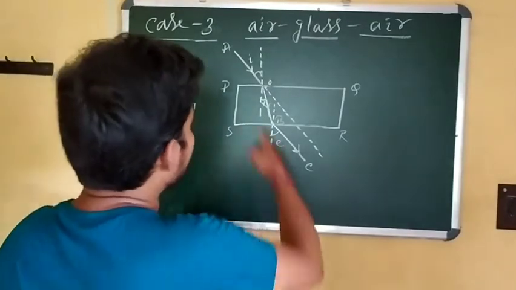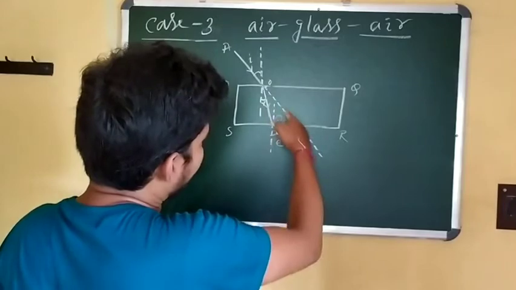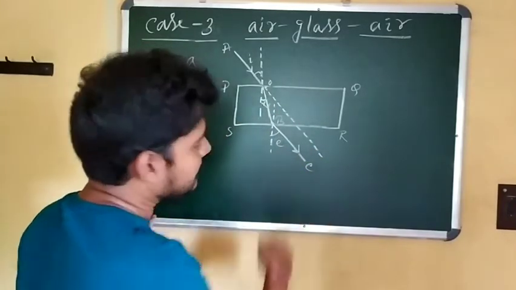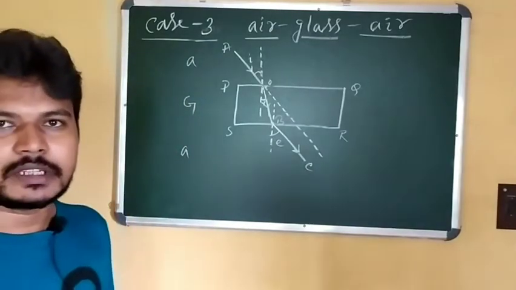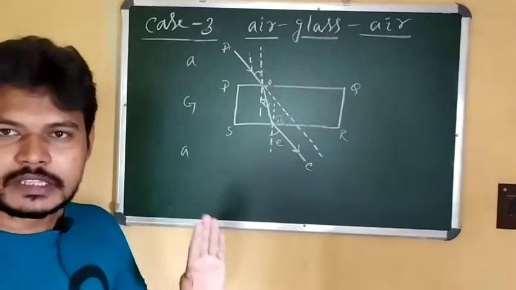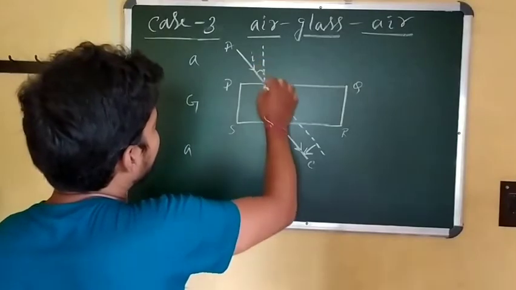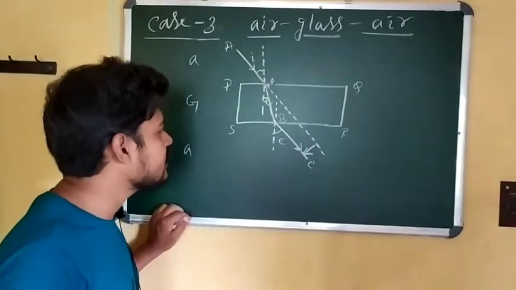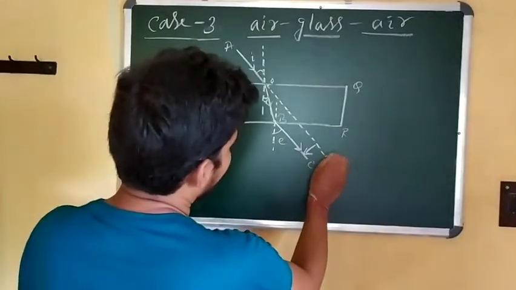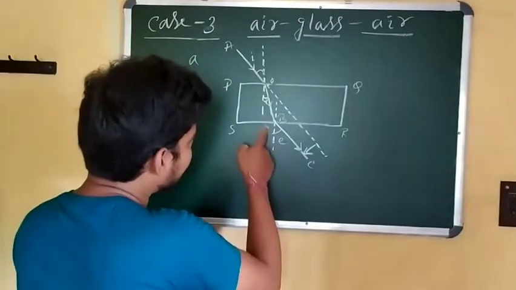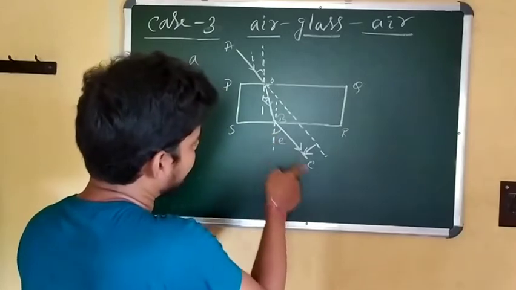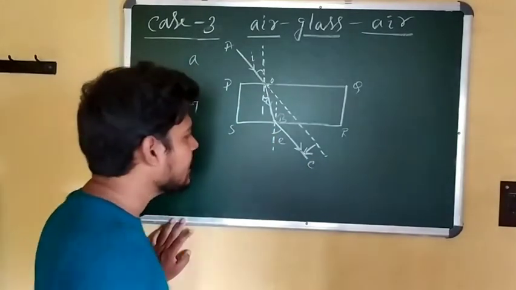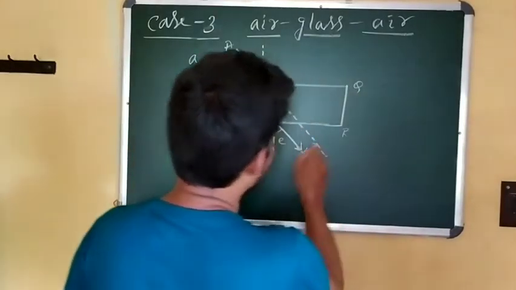Now you can see that this dotted line which I have drawn here, and this emergent ray BC, both are parallel to each other. Now if we extend the incident ray by this dotted line, then this line and the emergent ray BC are both parallel to each other, and it is called the shifting of this ray.